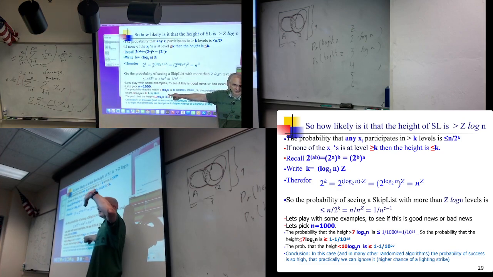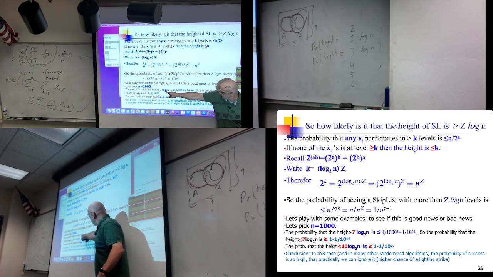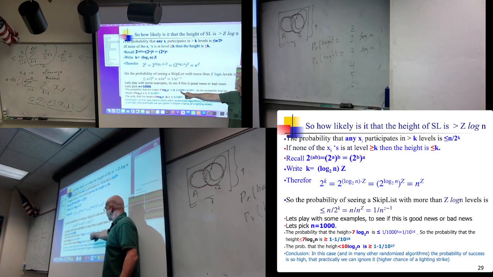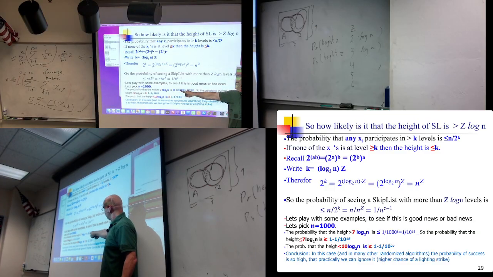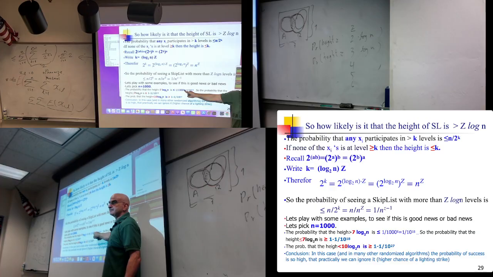Sometimes, because of randomness, we'll see a taller skip list, maybe 2 log n, maybe 3 log n. Is it likely to see a skip list with 7 log n levels, with n being 1,000 keys? The probability that this happens is smaller than 1 over n to the z minus 1. N is 1,000, z is 7, 7 minus 1 is 6, so 1 over 1,000 to the 6. So extremely small.